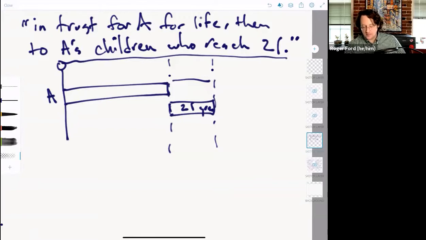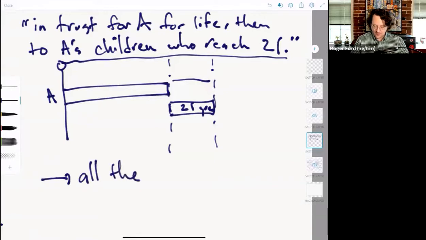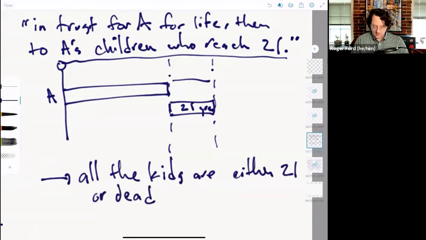So we'll know it when several things have to happen. One, all of the kids are either 21 or dead. And what else has to happen?